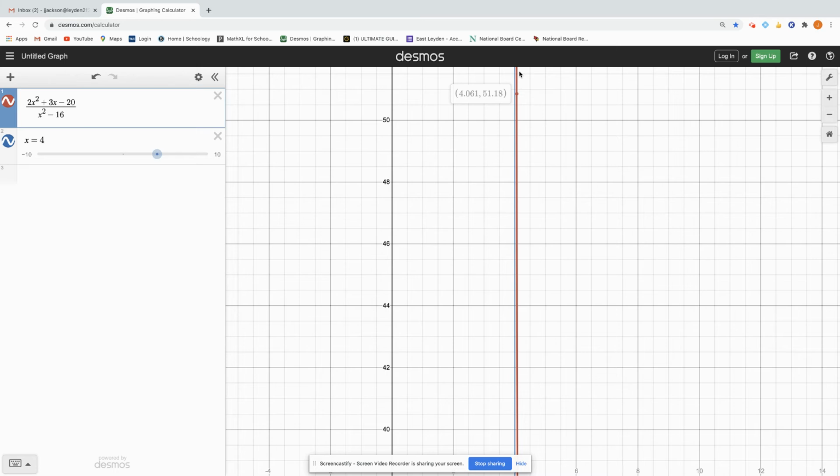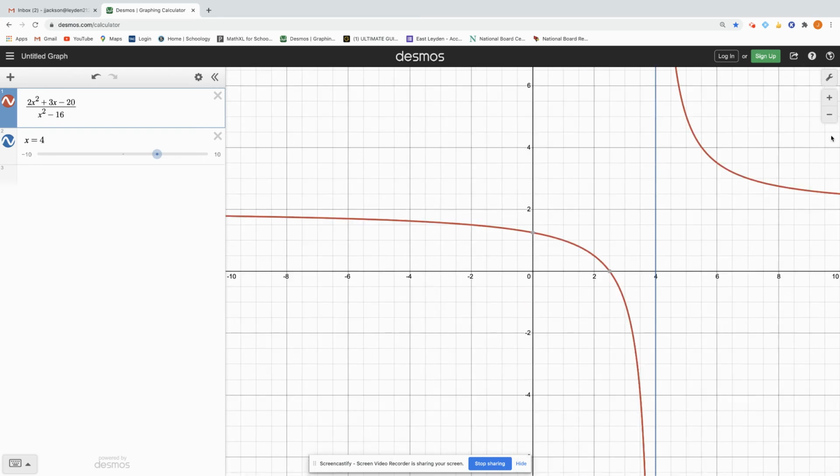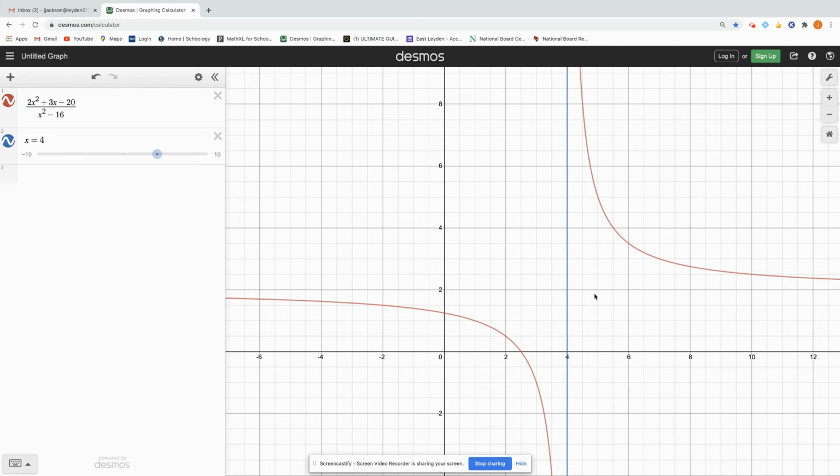So we're moving 1/1000th of a unit closer to the line to the left, and the graph is jumping up 1 full unit. Okay, so that's that steep action occurring as we get close to this vertical asymptote, and what we call asymptotic behavior.